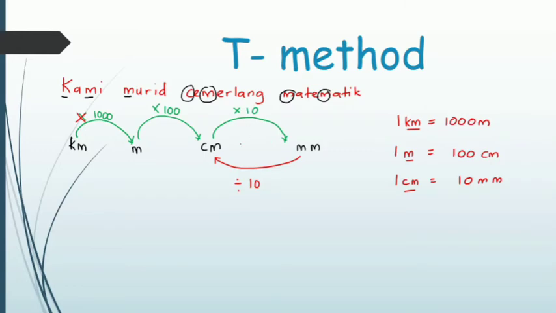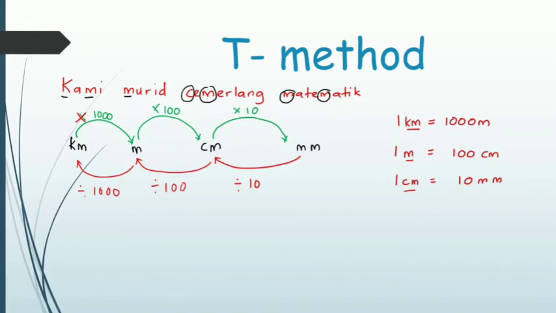The relationship won't change, the relationship is still the same, but the operation involved will change. And from centimeter to meter, we are going to divide 100, and from meter to kilometer, we are going to divide 1000.